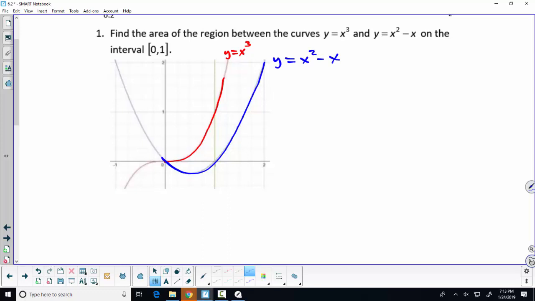You just got to pay attention to the region it's telling you to find the area of. It's saying the area of the region between these two curves on the interval 0 to 1, so on the interval from 0 to 1, an x value of 1. Does everybody see the region of the area that we're looking for? It has to be bound by all of those things.